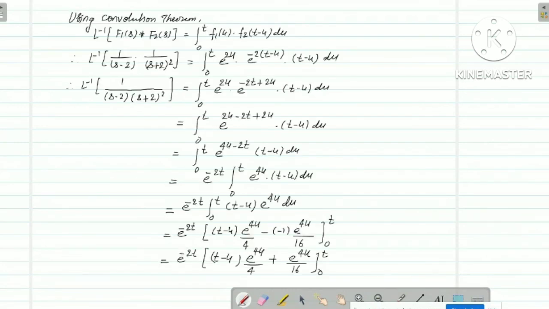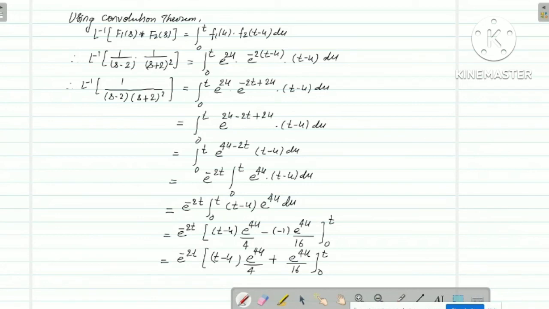So therefore we write the inverse Laplace of 1 upon s minus 2, s plus 2 the whole square. This is your original function. And the next step is what?